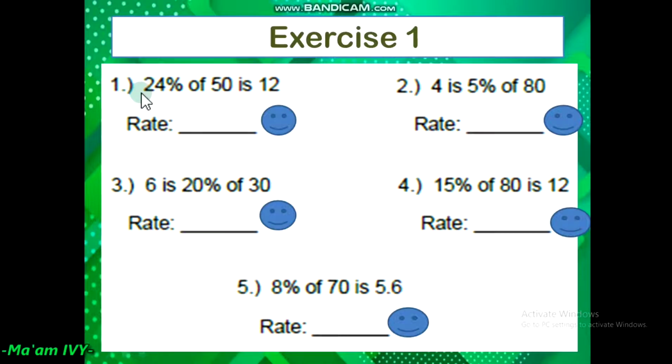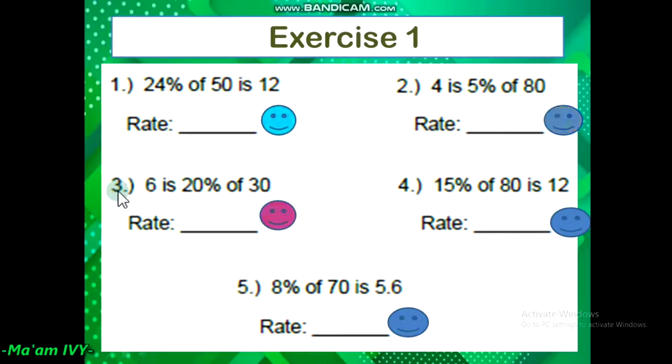For number 1, 24% of 50 is 12. You are going to write the rate and express it as a decimal. If you forgot, you can go back to our example. Number 2, 4 is 5% of 80. You are going to find the rate.